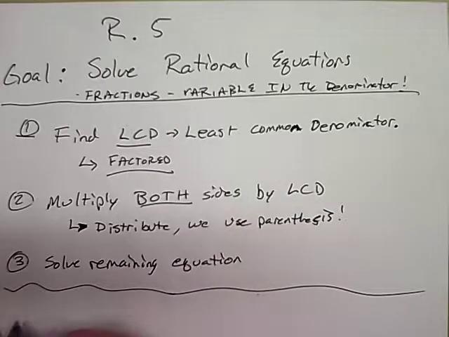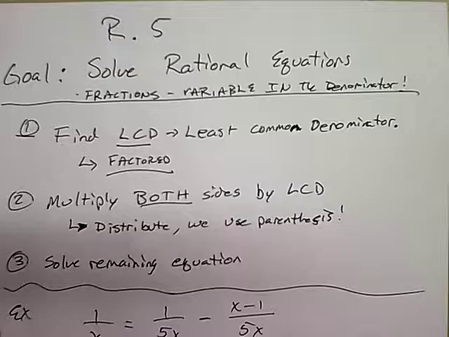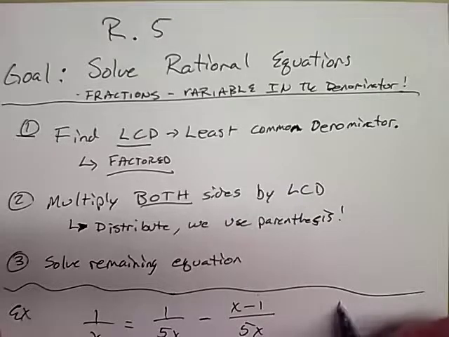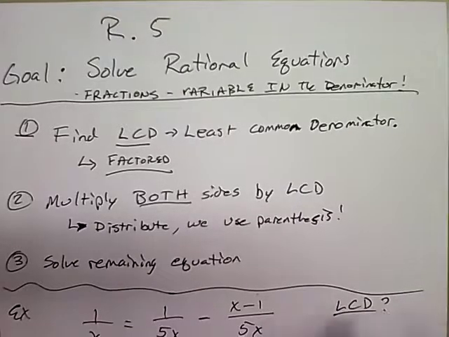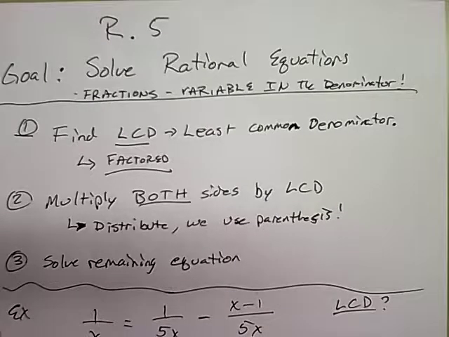So the first example, we have 1 over x equals 1 over 5x minus x minus 1 over 5x. So off on my scratch work, I'm going to say, what's the LCD? Well, my denominators are x, 5x, and 5x.